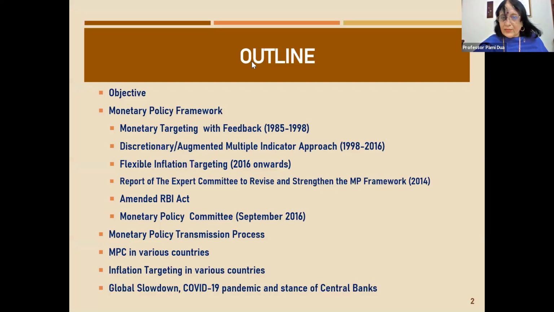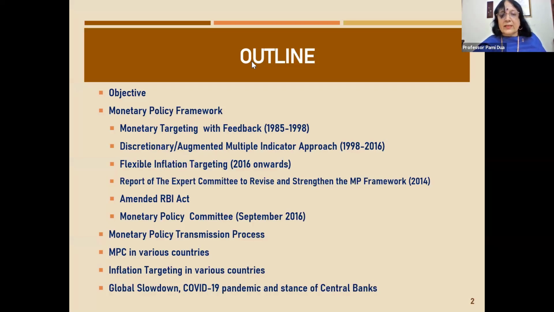So I will describe the multiple indicator approach and then describe why we moved towards flexible inflation targeting in 2016. What was the recommendation and what were the factors that influenced this decision to set up the Monetary Policy Committee and to have the flexible inflation targeting.